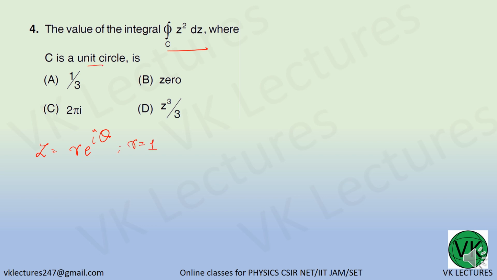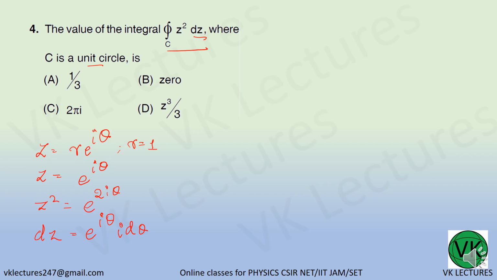So z we can write as e power i theta, and we need z square. So z square will be equal to e power 2i theta, and we need dz. dz will be e power i theta into i d theta.